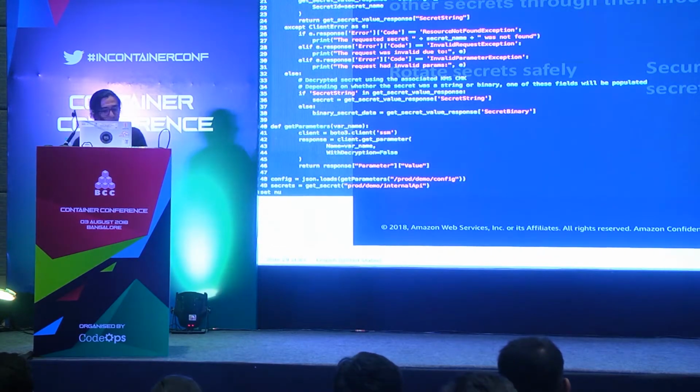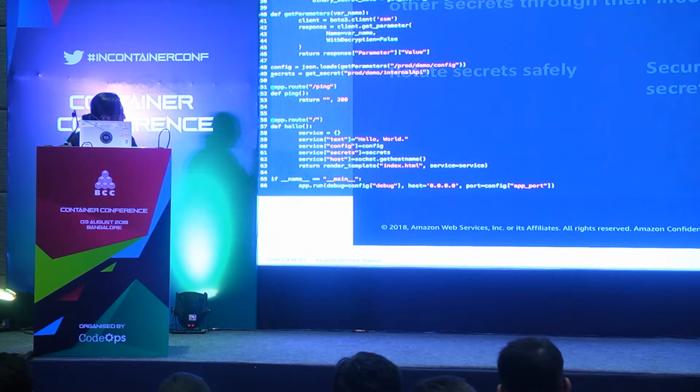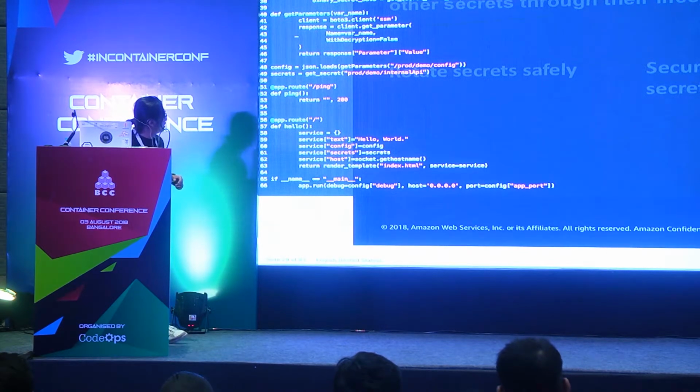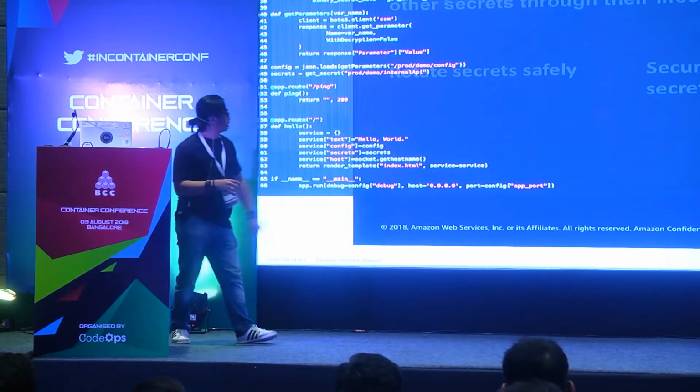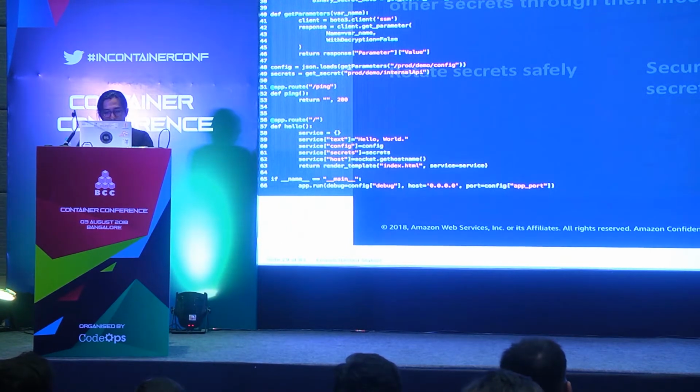You can see here it's a simple Hello World, and I have AWS Secrets Manager and Parameter Store here. These are the basic functions that I use to retrieve the configuration from AWS services.